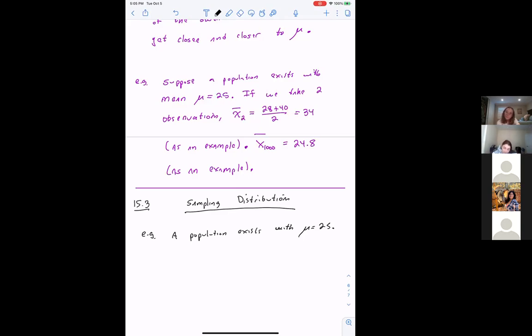So 40, 32, 30, 35, 35, 34. These are all reasonable. They're all larger than 25, which is interesting, right? I would think that some samples will be less, some samples will be more. But the point is, and notice that for the most part, everyone's guesses were different.